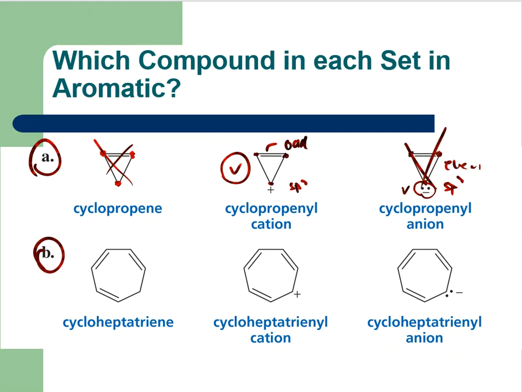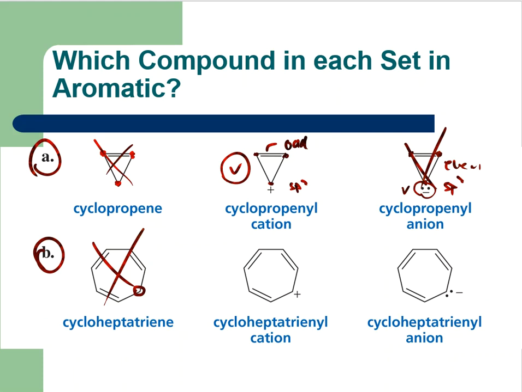All right, so let's take a look at B. B, we go through the definition. B says, okay, you need a ring. Well, all 3 of these are rings. Okay, so I know that's not going to be the deciding factor. The next one is everything's got to be sp2. Everything. So I automatically look at this carbon here, and there's no double bond on it, and there's no charge on it. So that one's not an aromatic. I already know that. And then I look at my other 2 options, and I go, okay, well, these are kind of tricky.